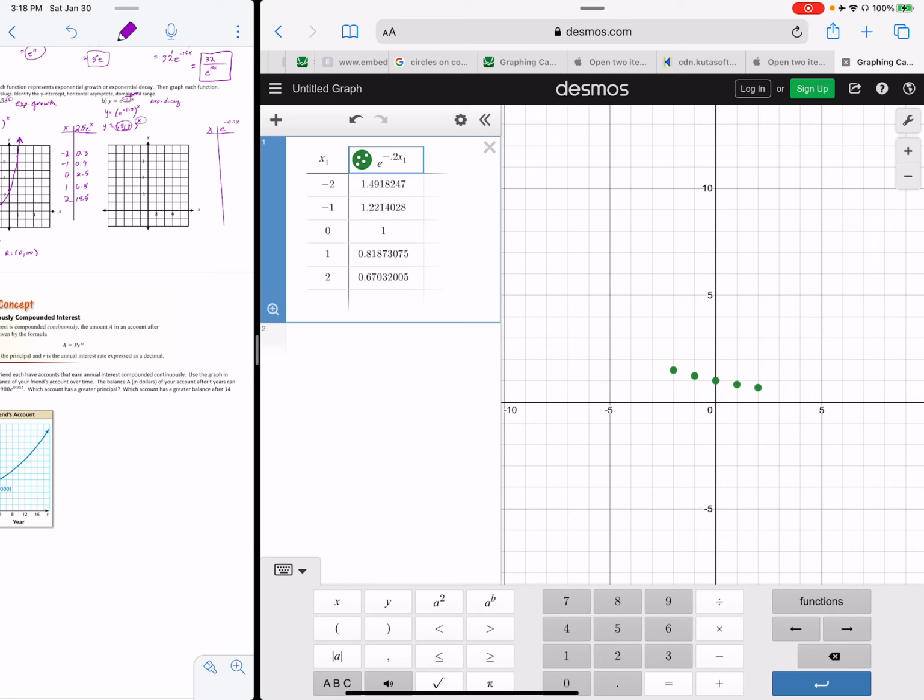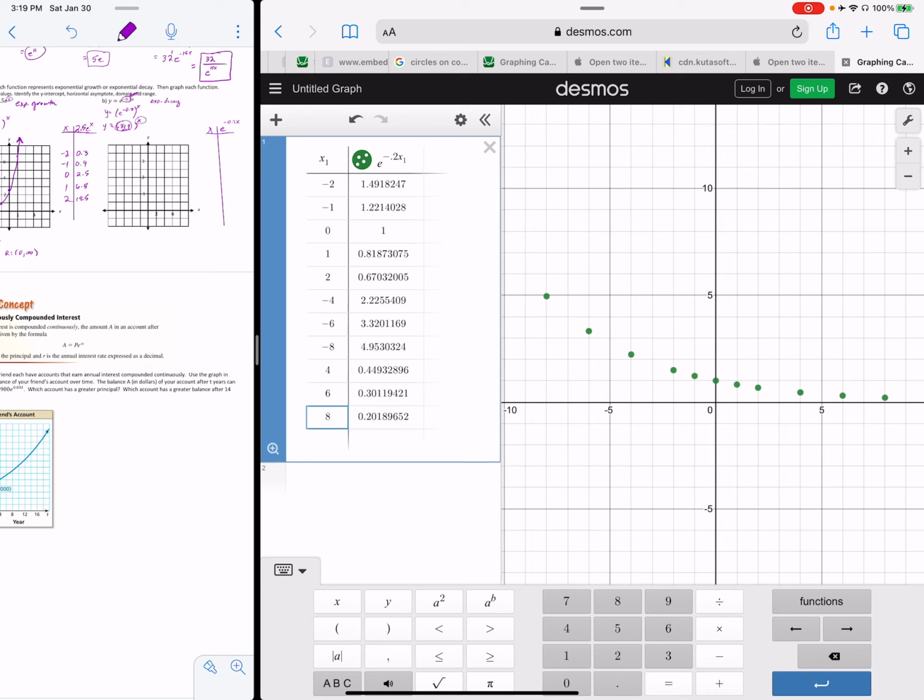I saw that's not getting me a good curve. So I said, let's do negative 4, let's do negative 6. That's starting to be a little bit better. I could even do negative 8. And then let's go to the right some more. Let's do positive 4, positive 6, positive 8. And that's working out a little bit better for me.